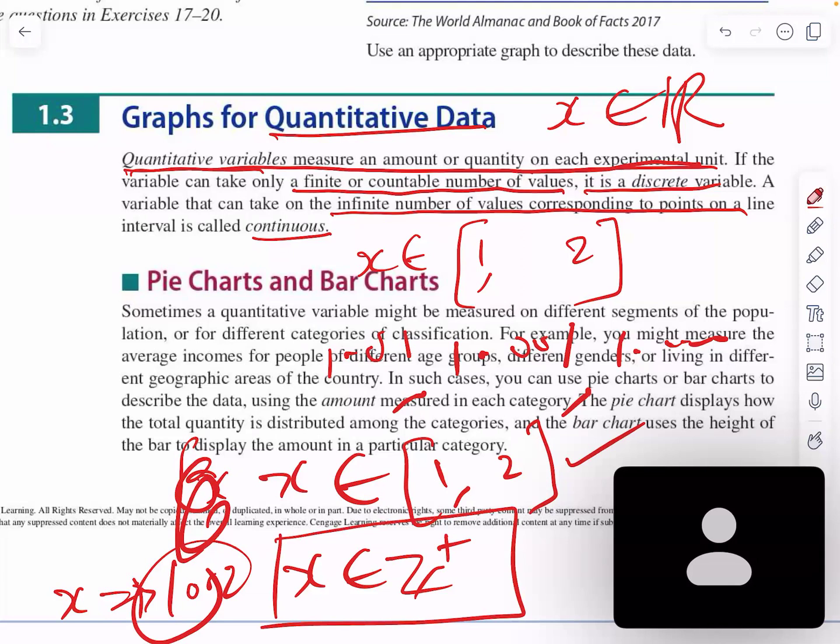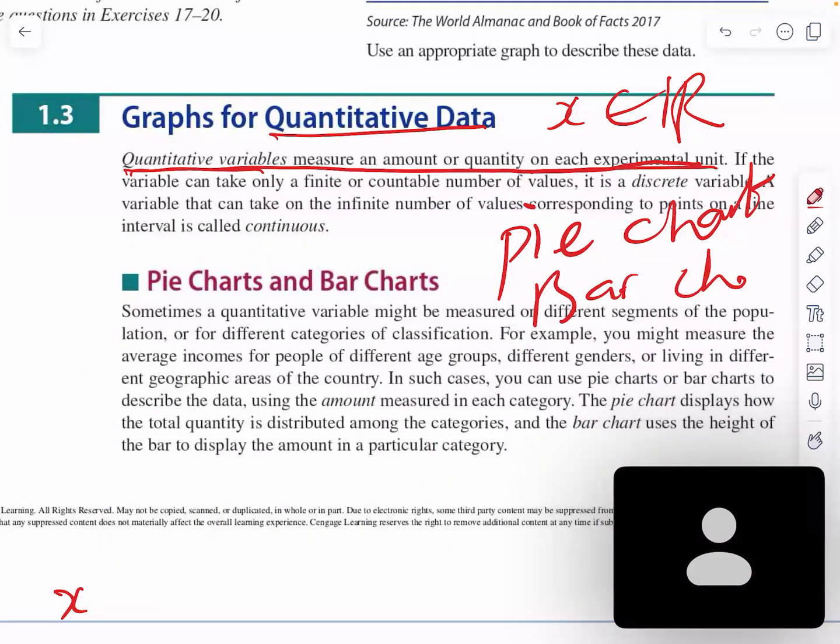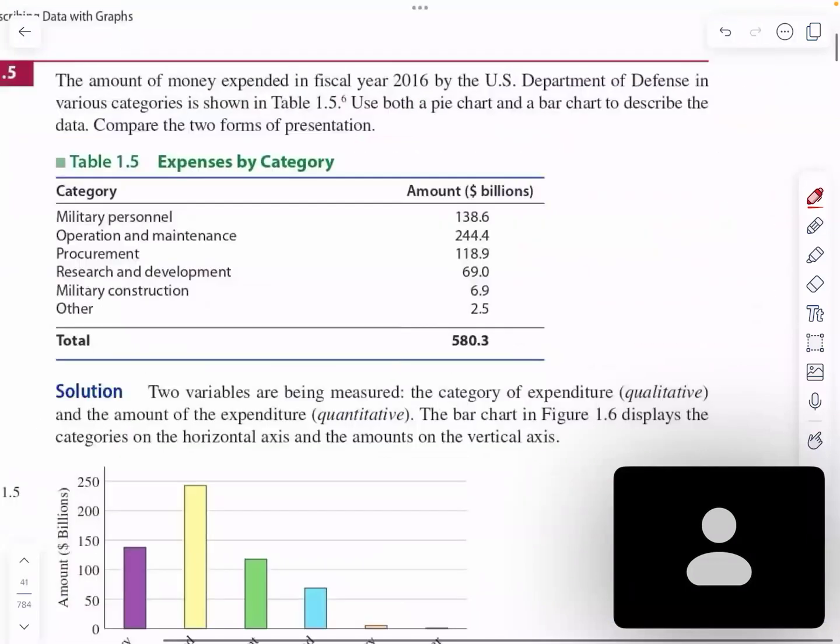All right. So now you can also use pie charts and bar charts to describe quantitative data. Okay, you can do the same thing. So I'm going to skip that aspect because we've already done it. So this is a what?